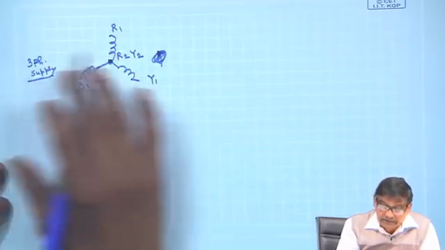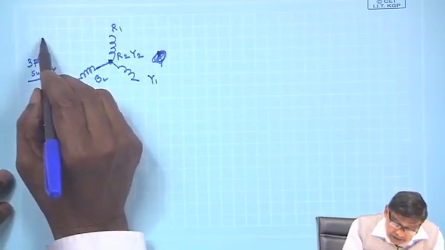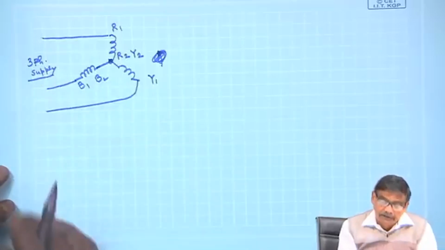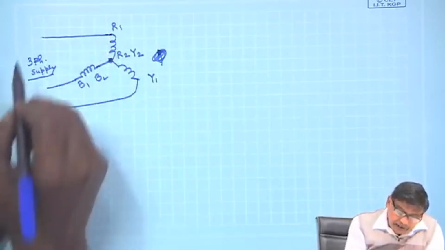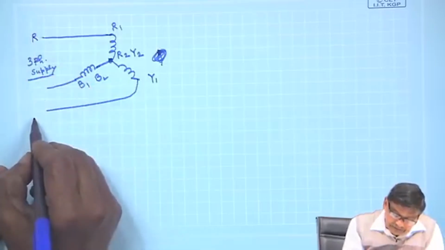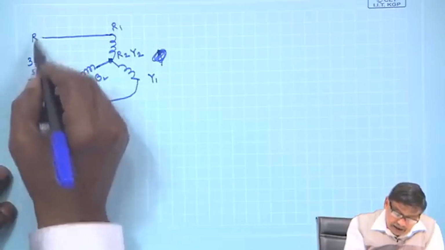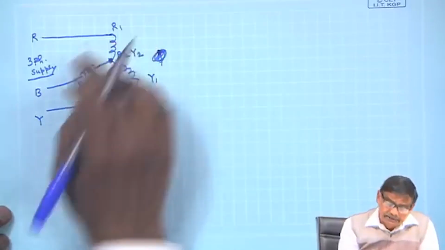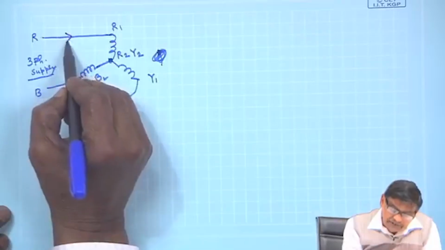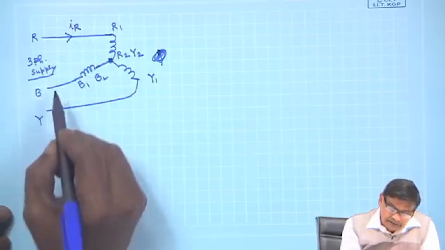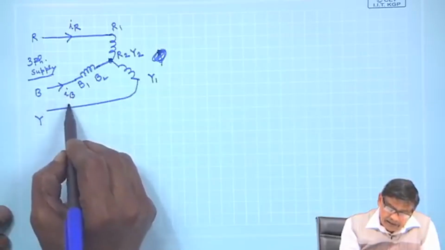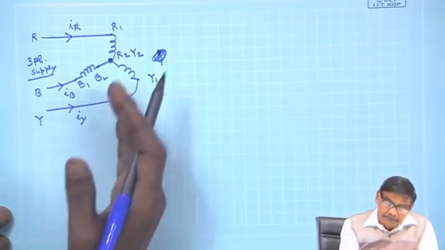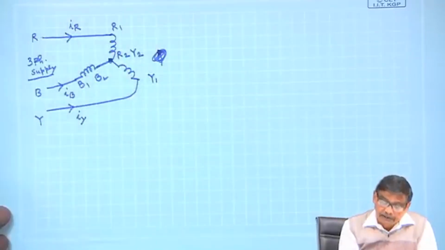Let us assume the stator houses this balanced 3 phase winding, and I will connect it to a 3 phase supply, and suppose the supply phase sequence is R, Y and B. R Y B is the supply terminals, and since these windings are balanced, they will take balanced 3 phase current, I R, I B and I Y. Balanced 3 phase sinusoidal current they will take, because it is a balanced load connected across a 3 phase supply.